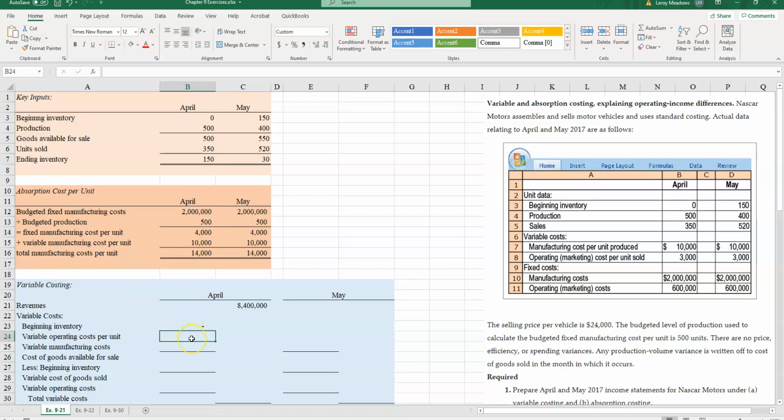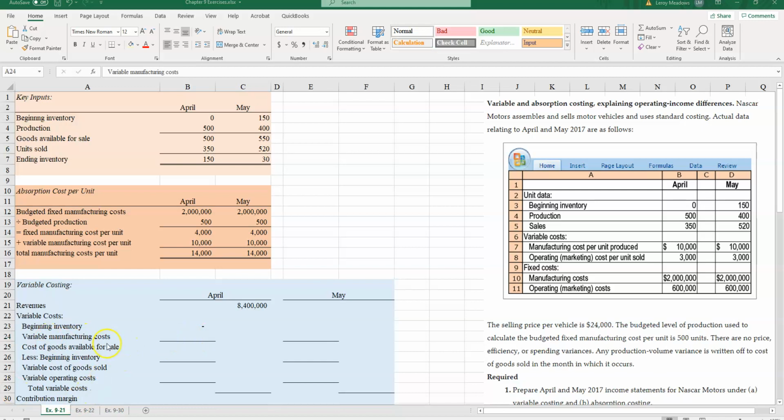Then I want my variable manufacturing cost per unit. Okay, so here we have our variable manufacturing costs. What are my total variable manufacturing costs? Well, my variable manufacturing costs are going to be the number of units produced, 500, times the variable manufacturing cost per unit.